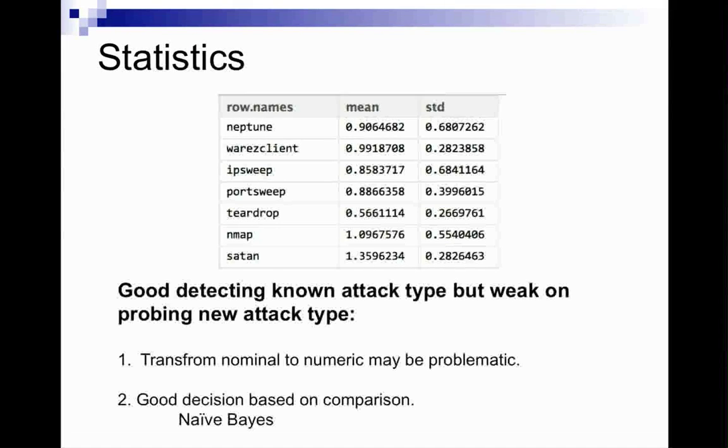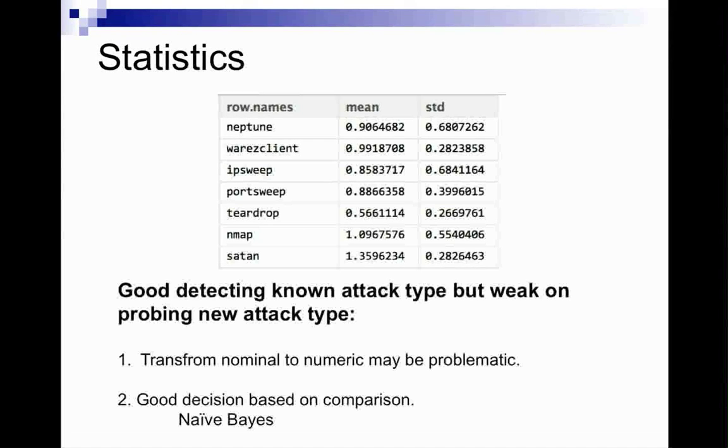First, the Euclidean distance may not be a good similarity metric to measure the different attack types. Also, assigning numeric values to some nominal values will not make much sense, since we don't have the domain knowledge to really characterize these nominal values using numeric values. So there will be some unrealistic factors.